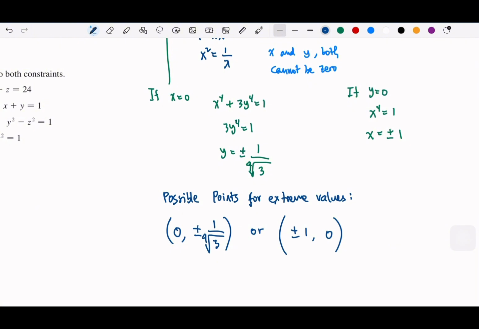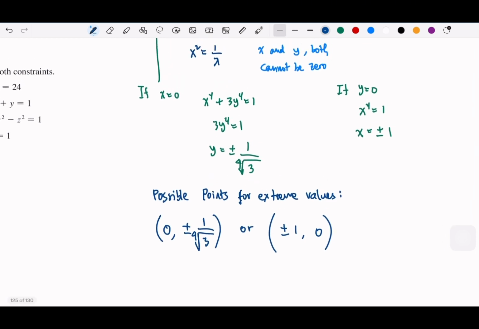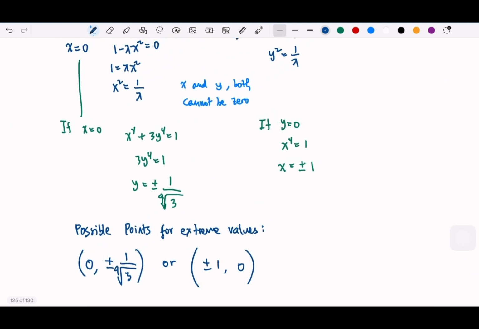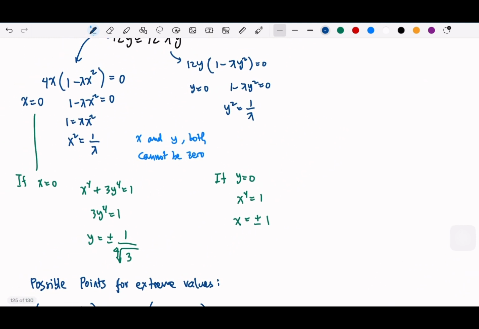And then what's next is it's not solved yet, because we still have this one, the 1 over lambda.